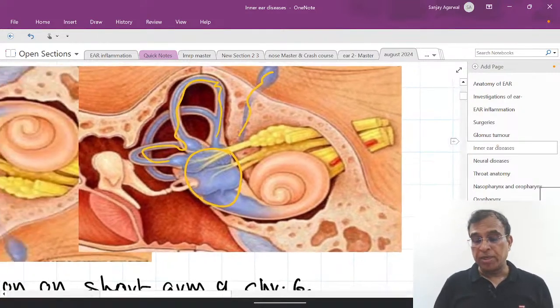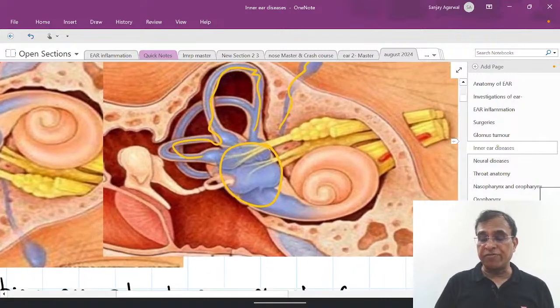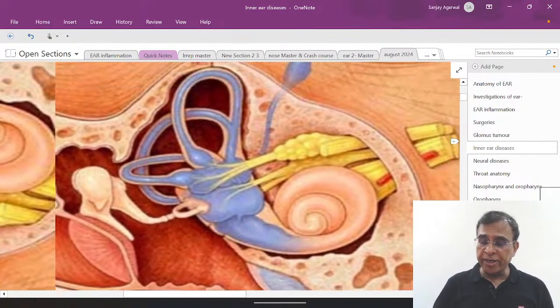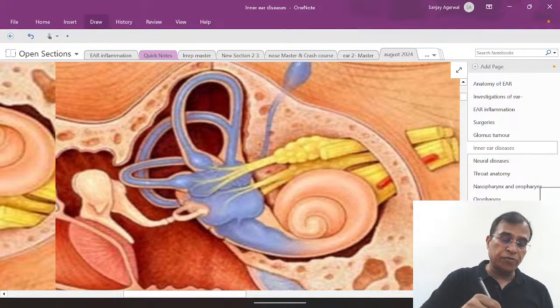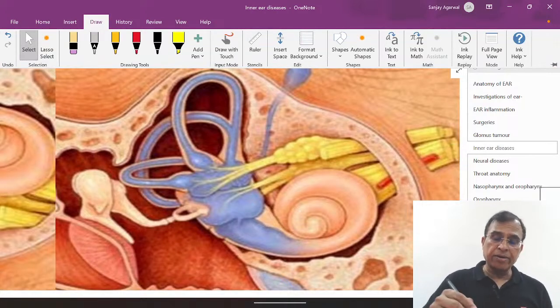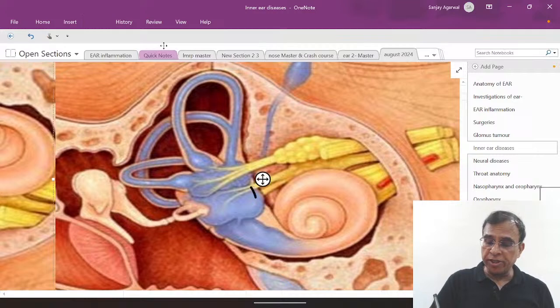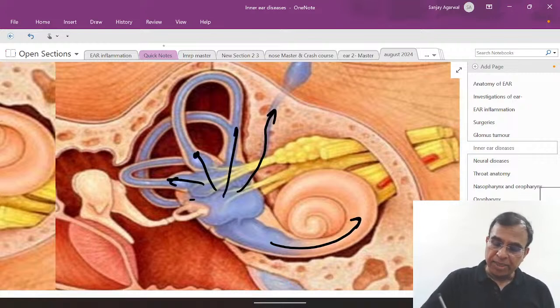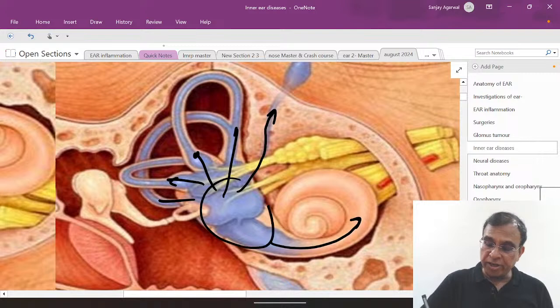disease. Now, if you cannot remove this extra fluid, what you can do is redistribute this fluid in the entire inner ear. You push some fluid in this area, you push some fluid in here, you push some fluid in these canals, then the amount of fluid here will reduce.